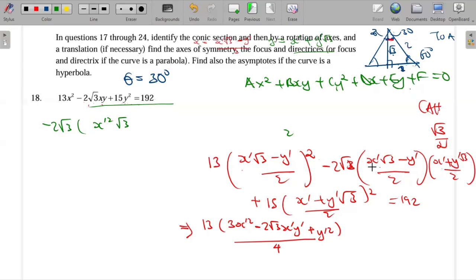So you have this by that. So the 3 is going to multiply, which gives the root 3 gives me 3. And then you have x prime multiplied by the y prime. So there you get plus 3x prime y prime.